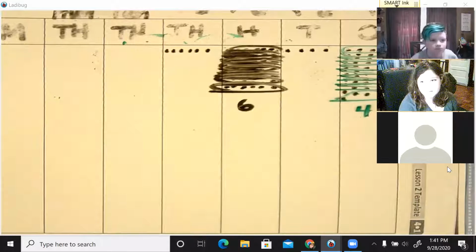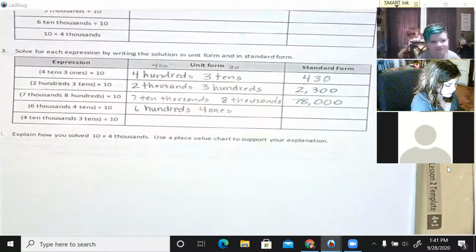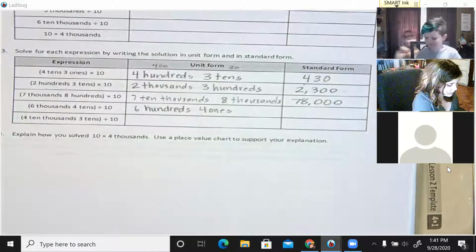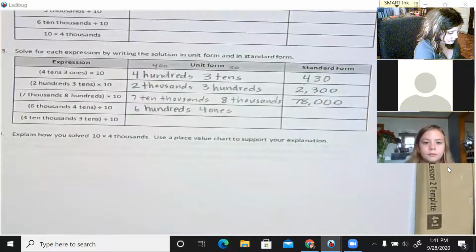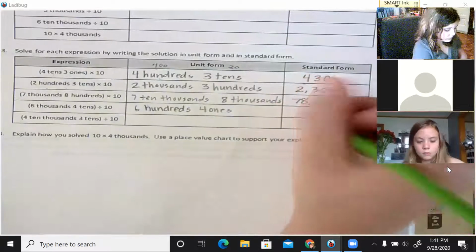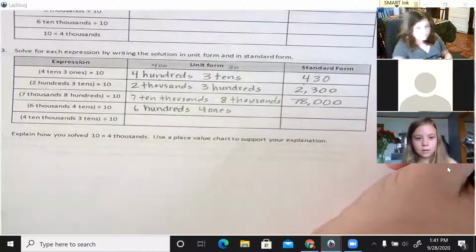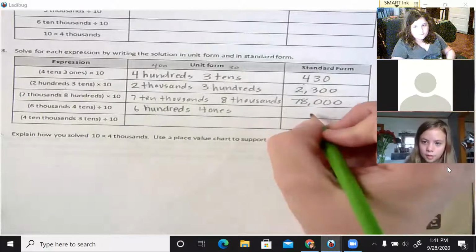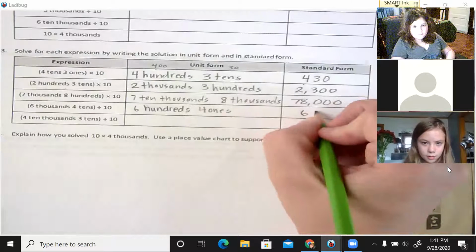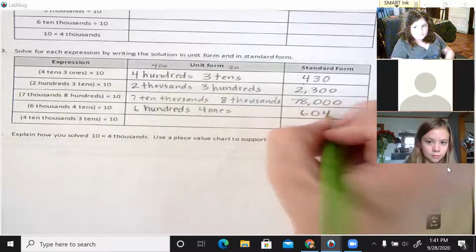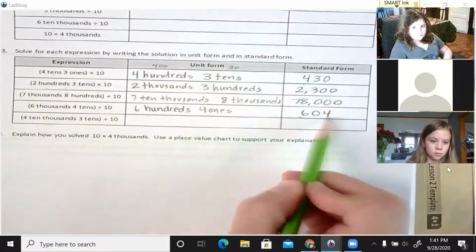Very good. So in unit form, you would write 6 hundreds, 4 ones. Nina, how would I write that in standard form? You would put 604. Very good. I have my 6 hundreds and my 4 ones.